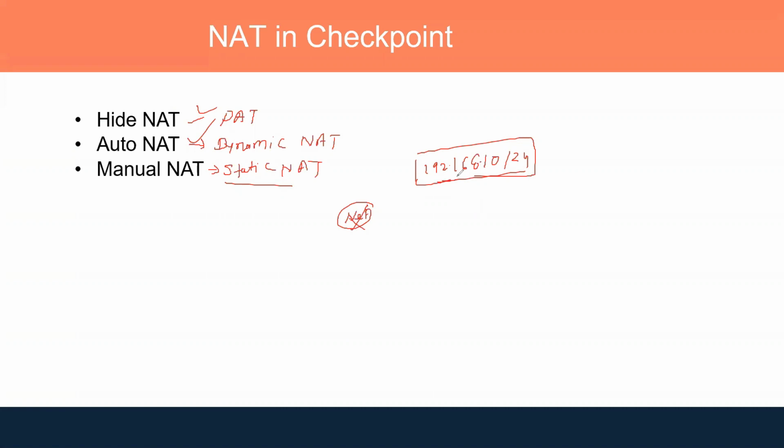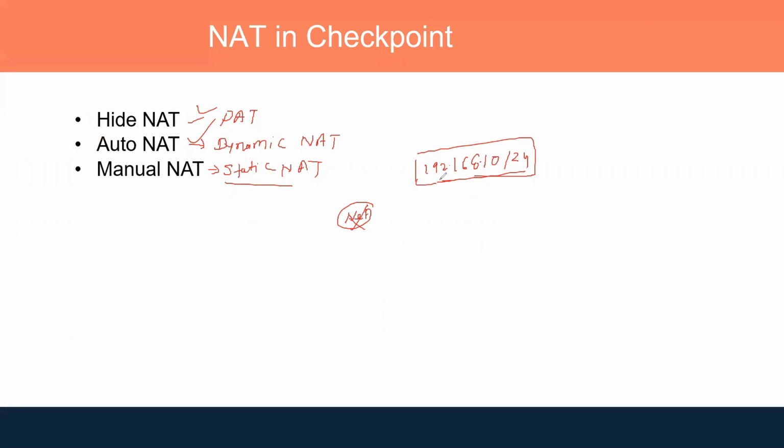Once you enable the netting rule within the object, some rules are automatically added into the net policy. That's why, if you go via hide net or auto net and enable the net setting on the object, it is going to add the automatic net rule. So these are the net types we have.